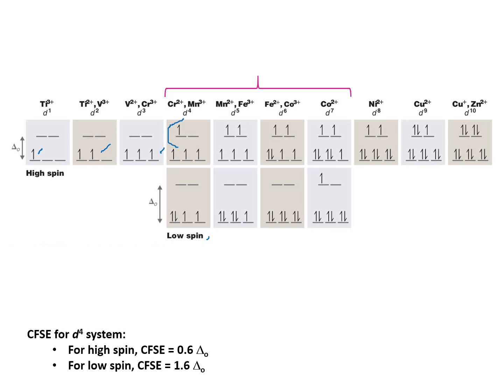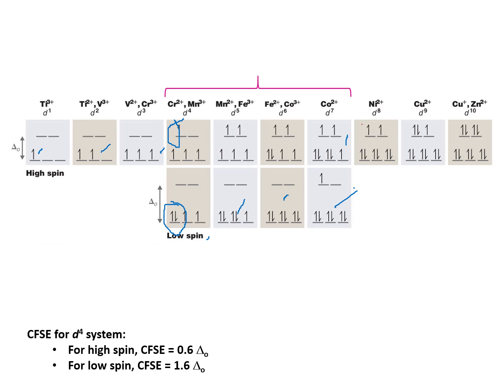Either it can go to the eg levels or it can pair up in the t2g levels. Same thing for d5, d6 and d7. Now how will we decide which configuration is preferable for a specific complex, either this or this?